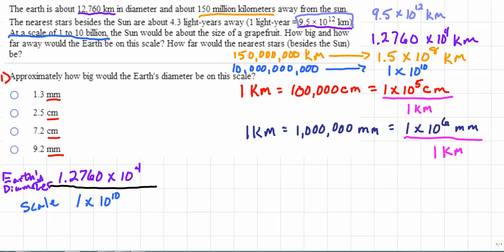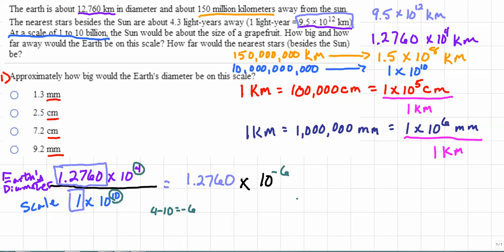You take this 1.2760 and divide it by 1, which yields 1.2760. We multiply that by 10 to some power, and that power is found by taking the 4 and subtracting 10 from it. 4 minus 10 is equal to -6.